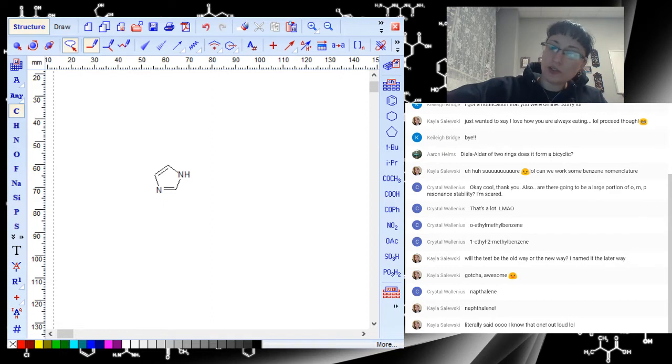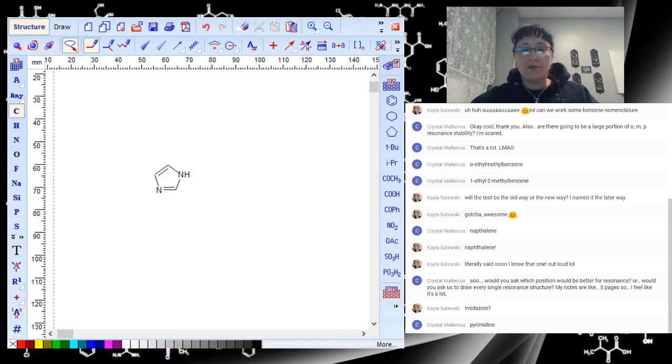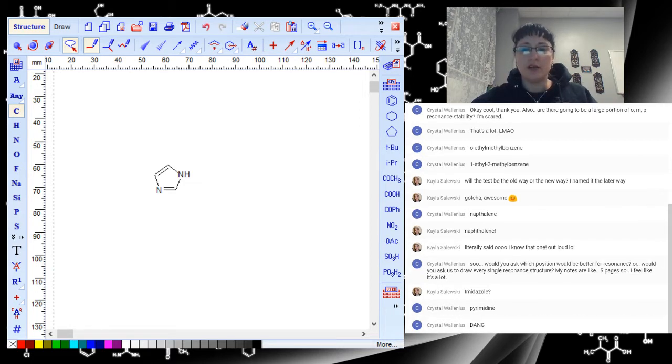That was one of the memorized ones too. Imidazole, that's right, Kayla. Okay, Crystal's asking, so would you ask which position would be better for resonance, or would you ask us to draw every single resonance structure? If you... No, that's not pyrimidine. Pyrimidine's the one that looks like that. That's pyrimidine.